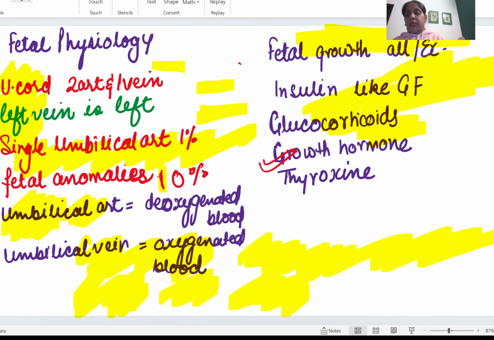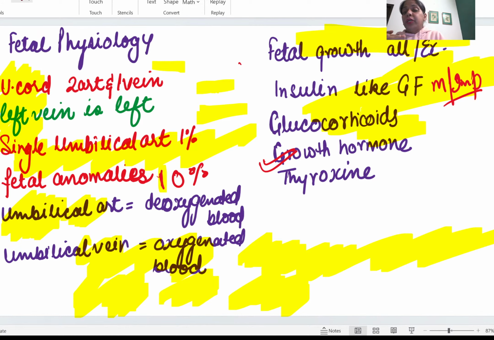The eraser is actually not working, so I don't know why these yellow marks are there. Mainly the fetal growth is due to these hormones. Most important is insulin-like growth factor, responsible for fetal growth.